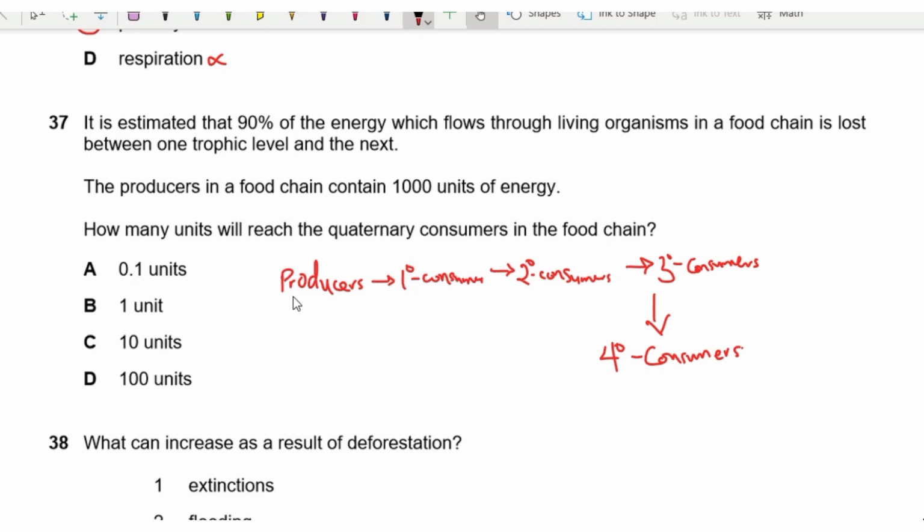Now if these producers have 1000 units, it will decrease to 100 here, then it will decrease to 10, then to 1, then to 0.1 here. So we have 0.1 units at the quaternary stage, which makes 0.1 our correct answer. So it's not 1 unit, it's not 10 units, it's not 100 units. So this will now take us to question 38.